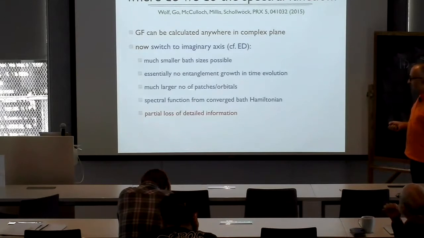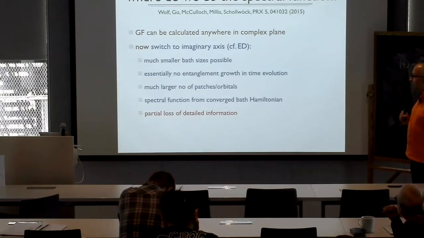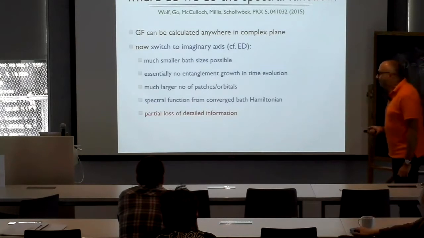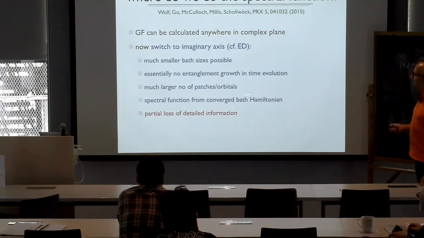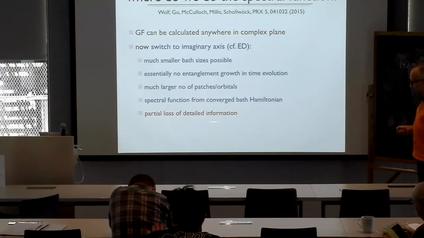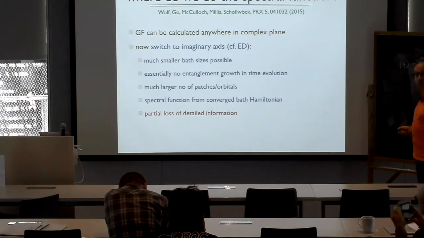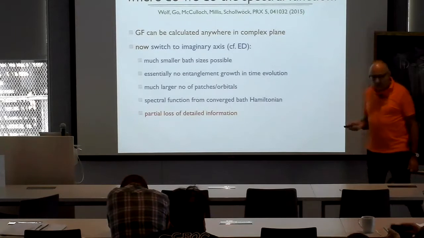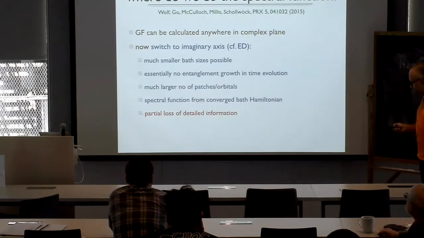We would then expect that we can deal with a much larger number of patches and orbitals. The spectral function we could then obtain either by analytic continuation, or we could even try to look at the converged Bath Hamiltonian. The price to pay is, of course, that at that point, this is where we lose the information. On the imaginary axis, thermodynamics, that should do just fine.